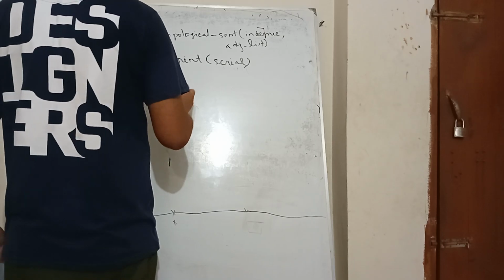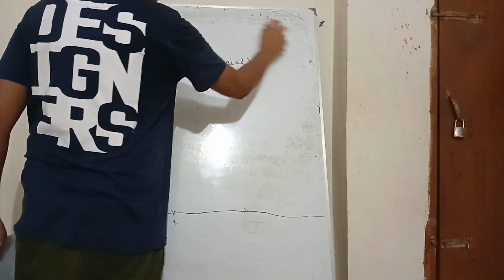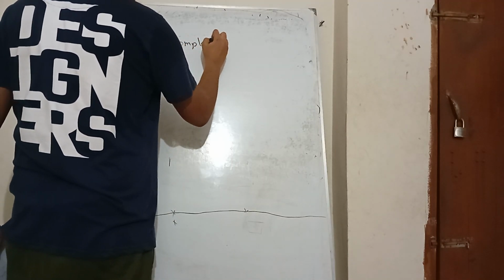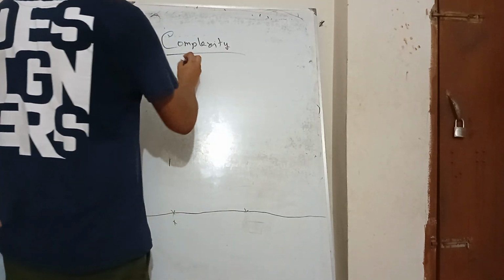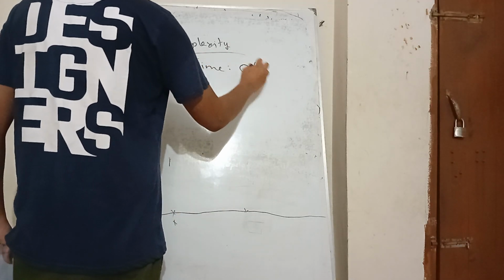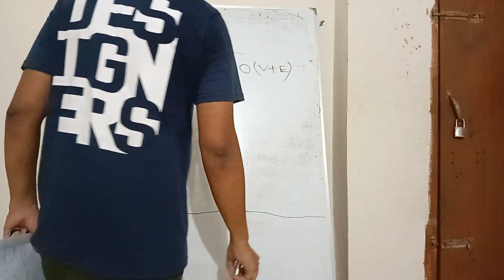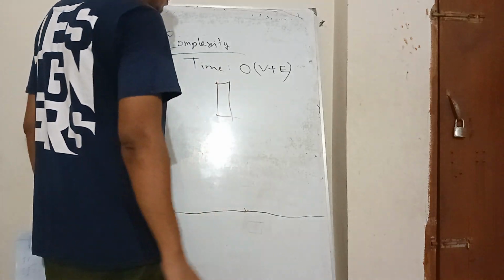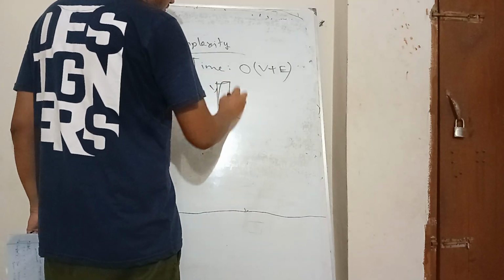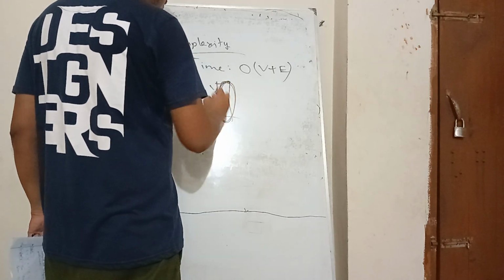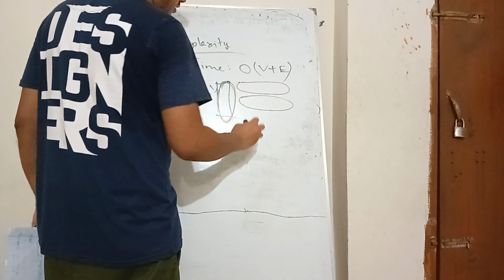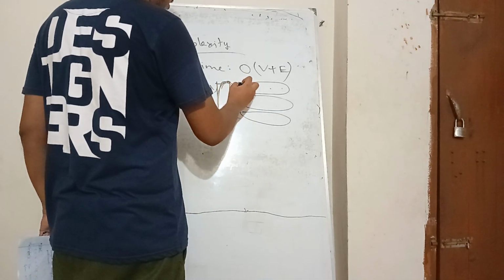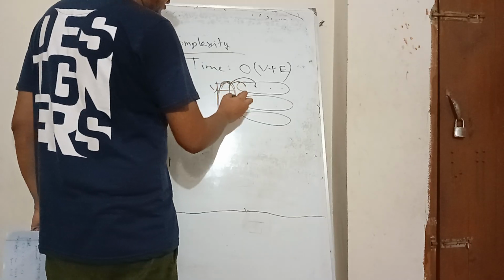So what is the complexity? Time complexity is big O of vertex plus edge, because this portion eventually becomes in degree 0, and we travel every neighboring vertex, and every neighboring vertex connection means one edge.